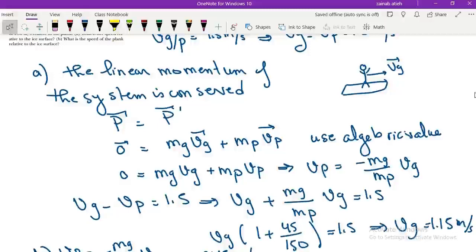So these forces add up to zero because there is no motion along the vertical. Sum F equals zero along the vertical. That means the sum of forces equals zero. That means the linear momentum is conserved.